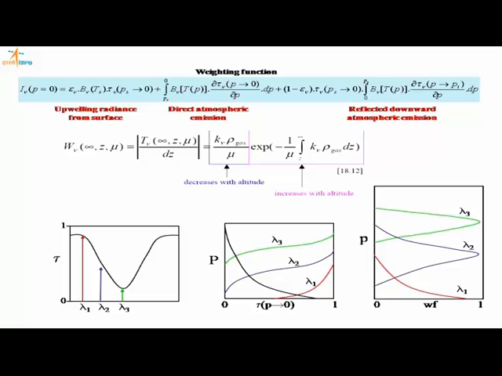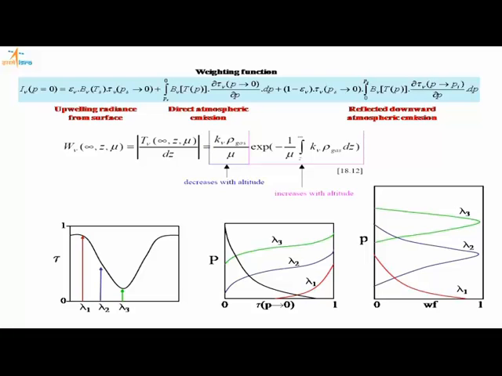Now if we make another measurement at this point where we say that the atmosphere is transparent, that most of the radiation which is emitted is passing through the atmosphere and a very small portion of it is getting absorbed. At this point, if we make an observation, most of the radiance which is emitted by Earth's surface is able to reach the top of the atmosphere, because only a very small portion of it is getting absorbed by the atmosphere.